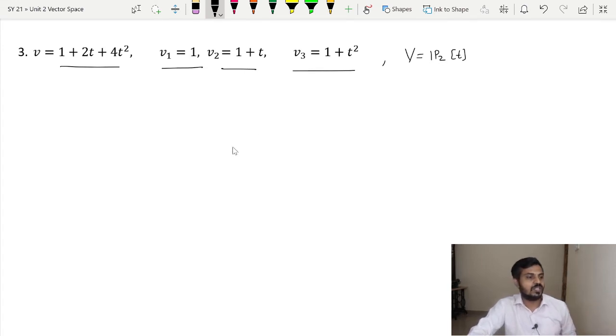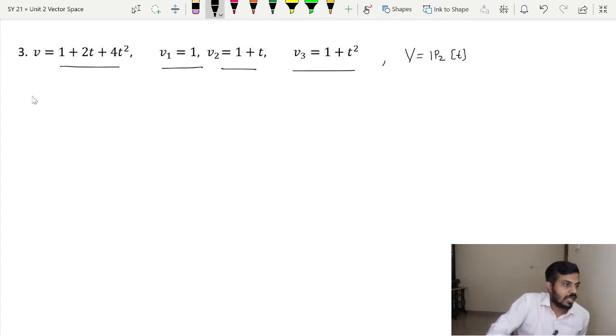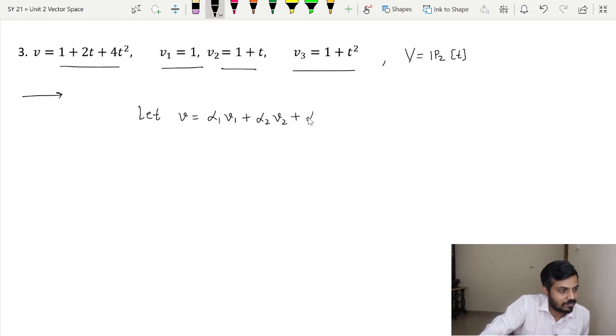Is that fine? So now we have to start with our usual statement. So I will say let v be equal to alpha 1 v1 plus alpha 2 v2 plus alpha 3 v3, with this alpha 1, alpha 2 and alpha 3 as some real numbers. So we will call it star.